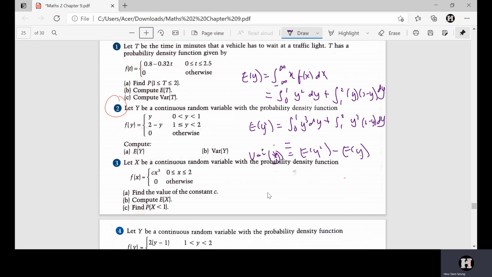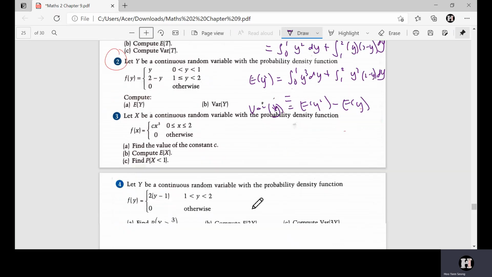Your variance is never ever negative. It can be 0, but cannot be negative. And if you see your variance is taking the answer from EY, please make sure you calculate it correctly. Once you get a negative, you already know that you are wrong. So this one is an example.